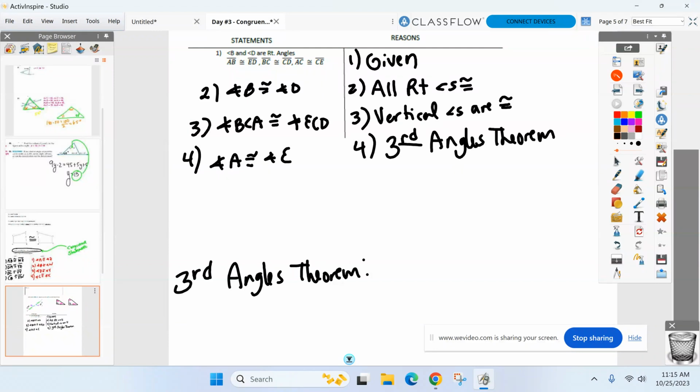Okay, here's what the third angles theorem says. In two triangles, if two pairs of angles are congruent, finish it, then the third pair are too.